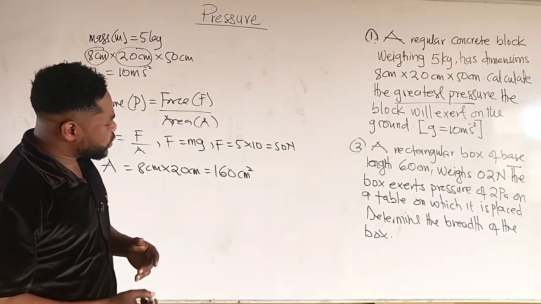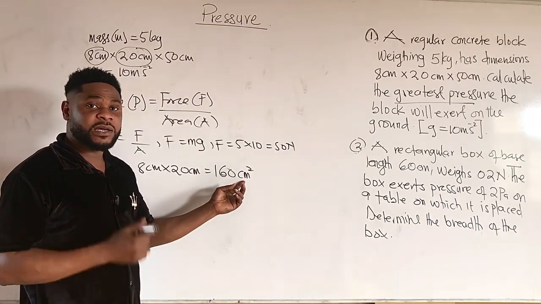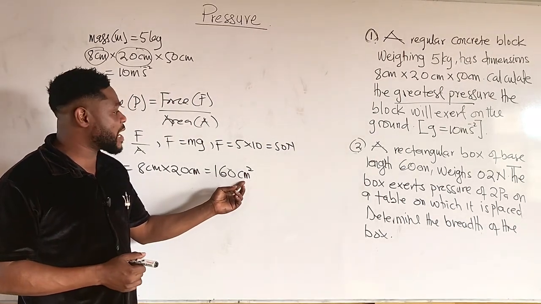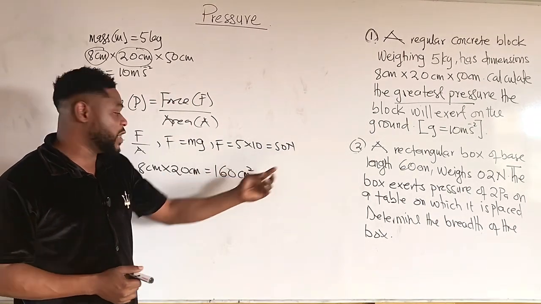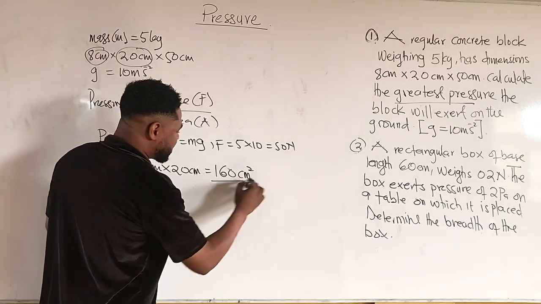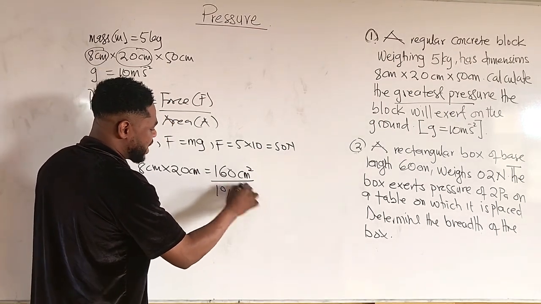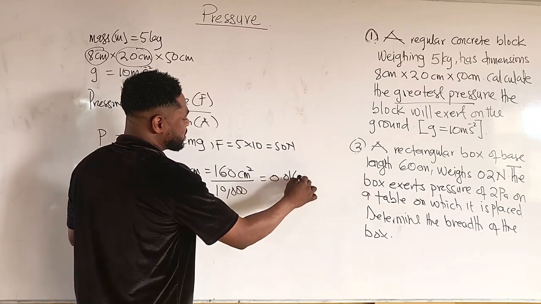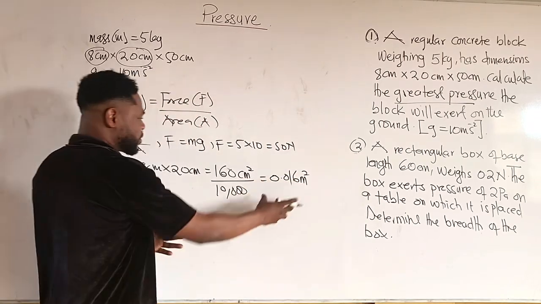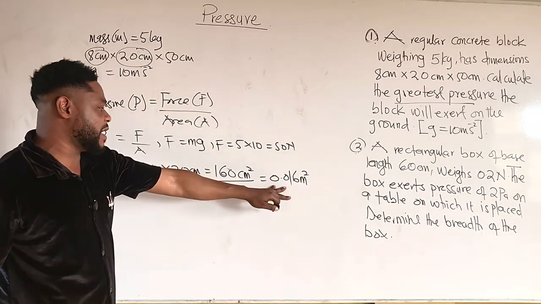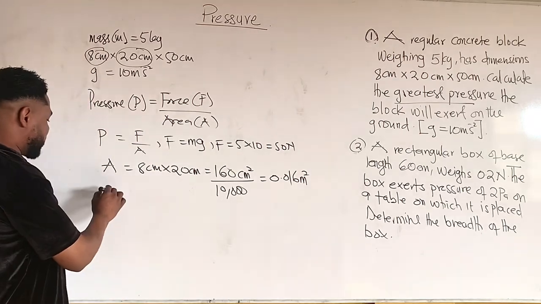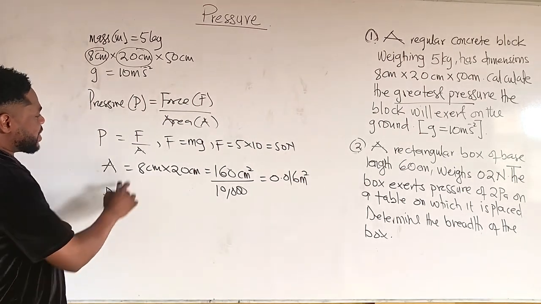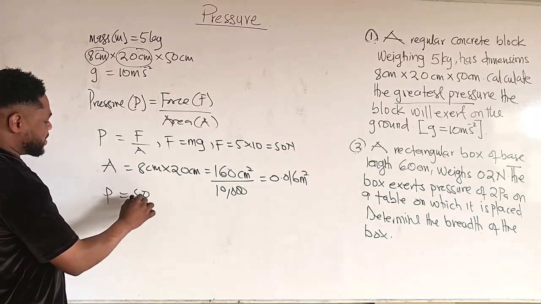One thing we also need to know is that centimeter square is not a standard unit. We can't calculate it with a Newton. So we need to change it to meter square. So we divide by 10,000 and that will give us 0.016 meter square. So now that we know our area, we can calculate the greatest pressure. Our force is 50.